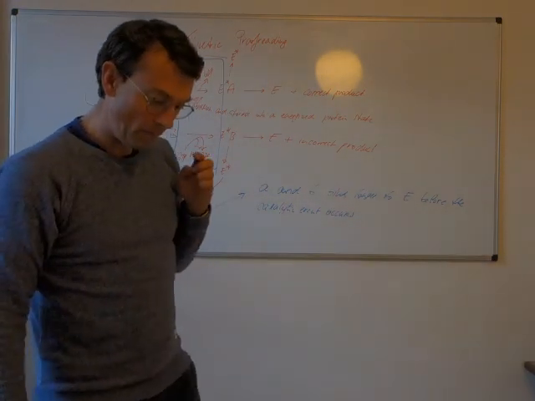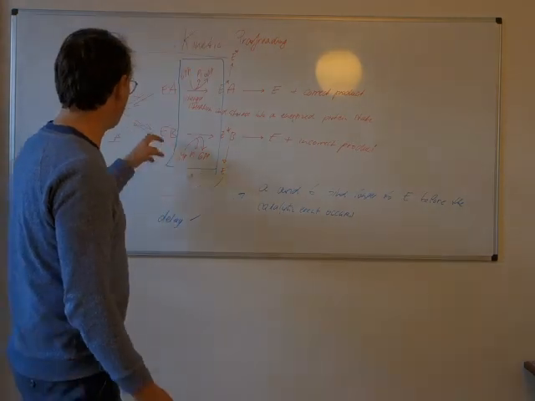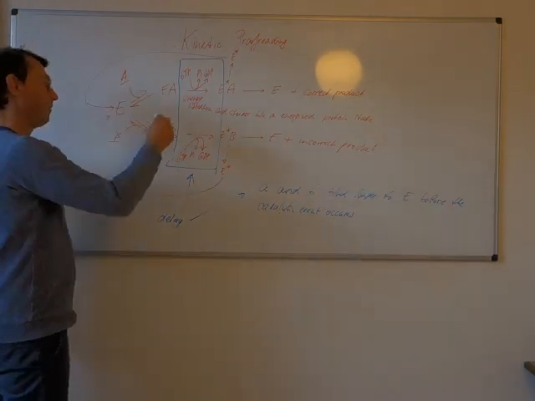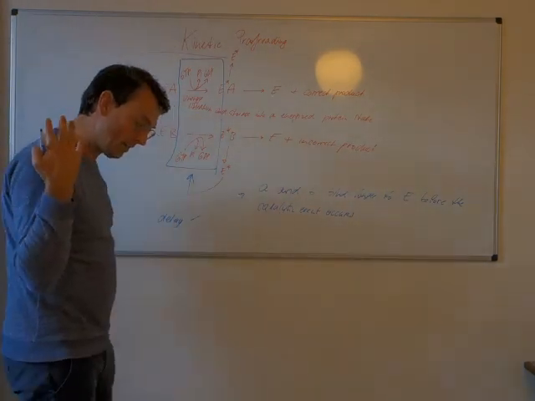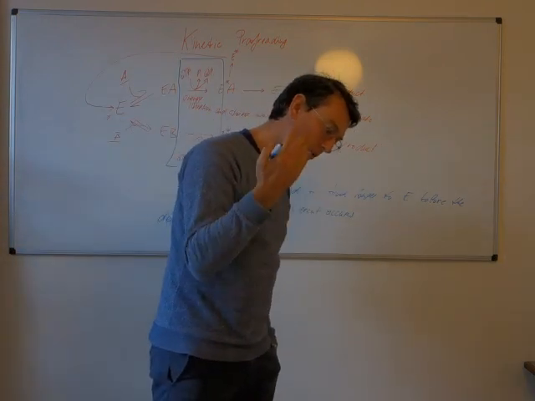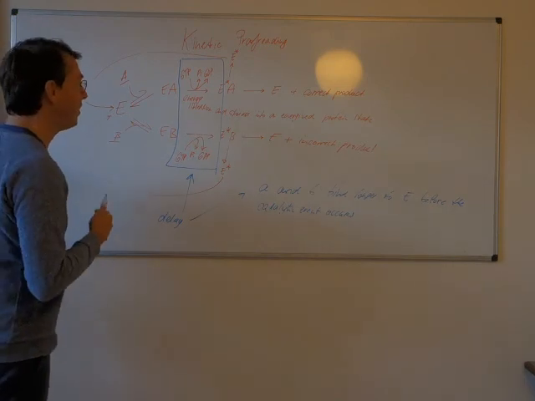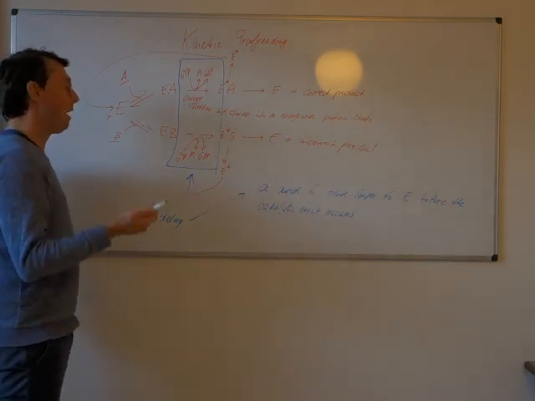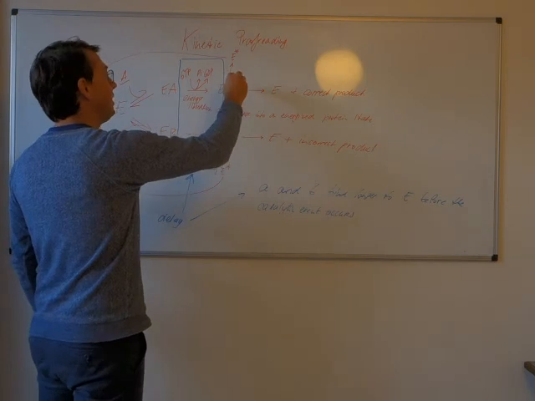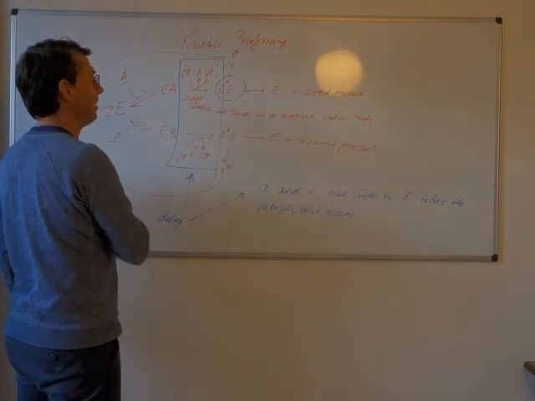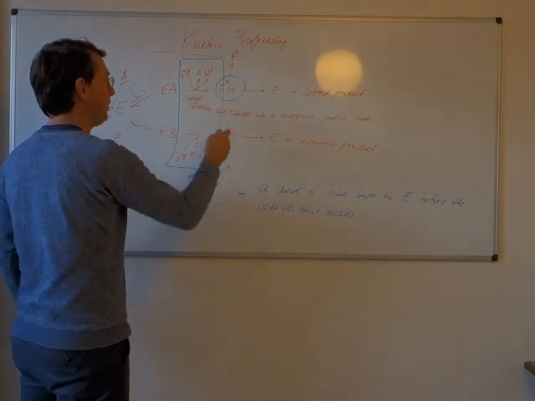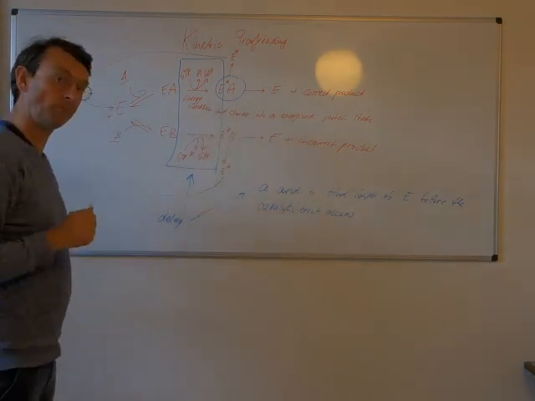But since B falls off quicker, so the complex EB has a higher dissociation rate than the complex EA, what eventually happens due to this delay is that you accumulate this state rather than this state.